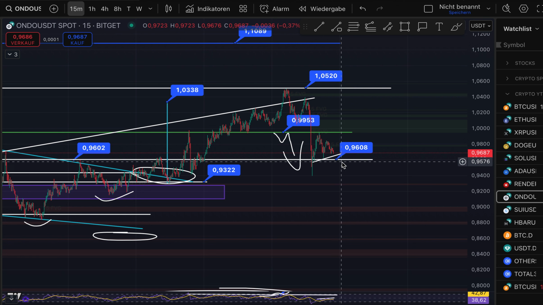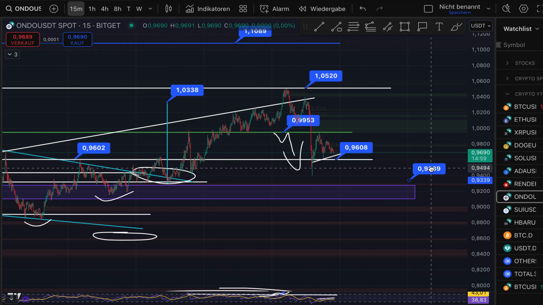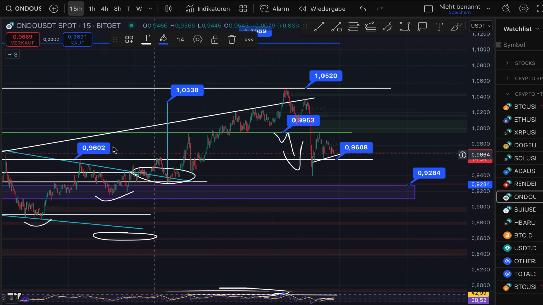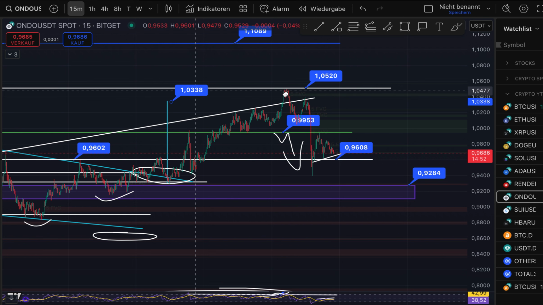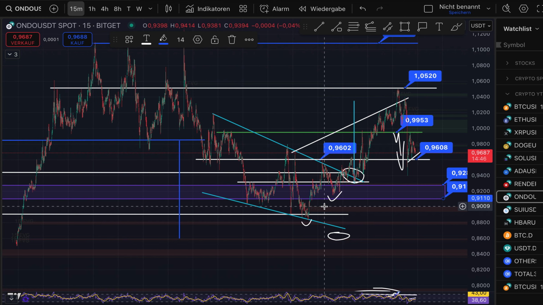Anyway, if we break the 96 cents to the downside and we break the 94 cents, round about that, also to the downside, then we have here a support box. I will put you here 2 price marks on the chart. So that's the 92.8 cents. And let's take this one here. 91.1 cents. This is going to get interesting.